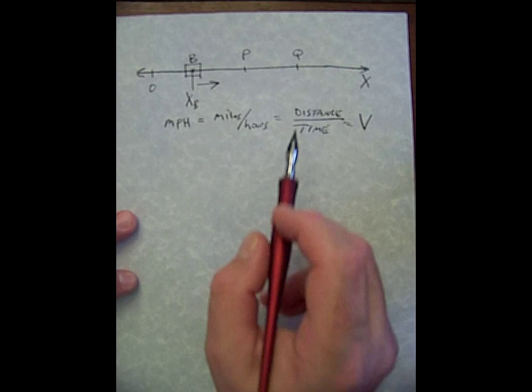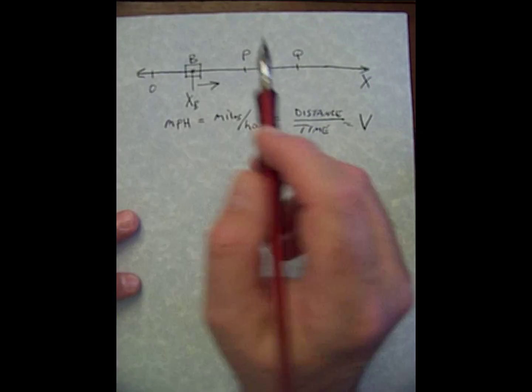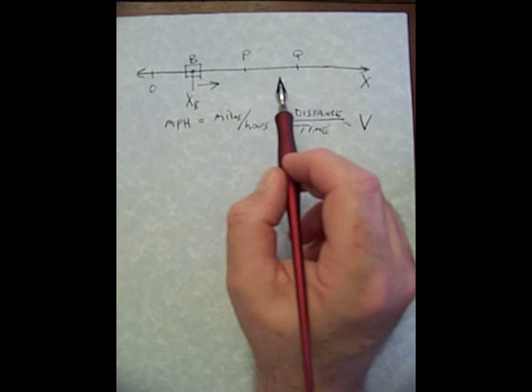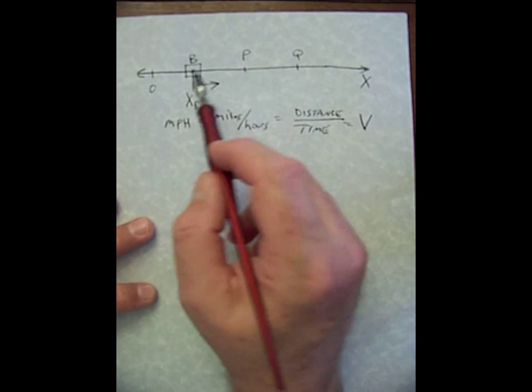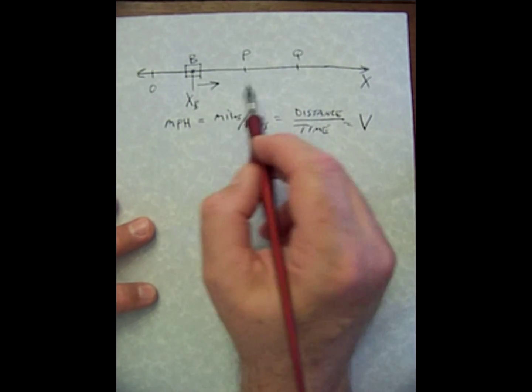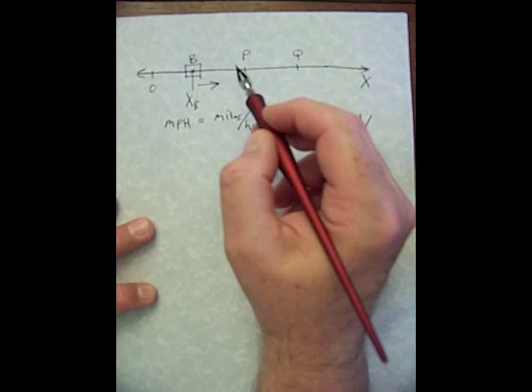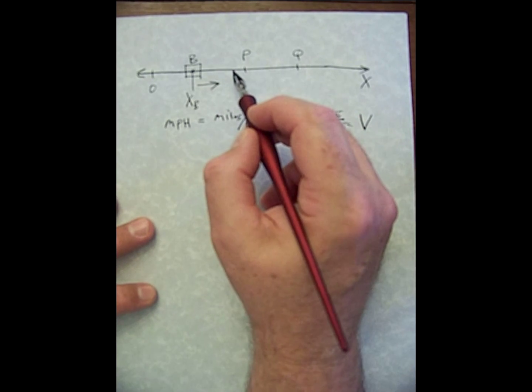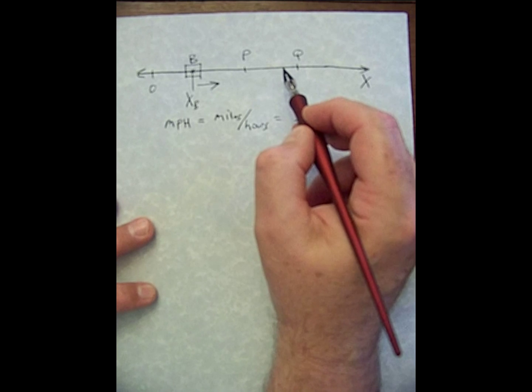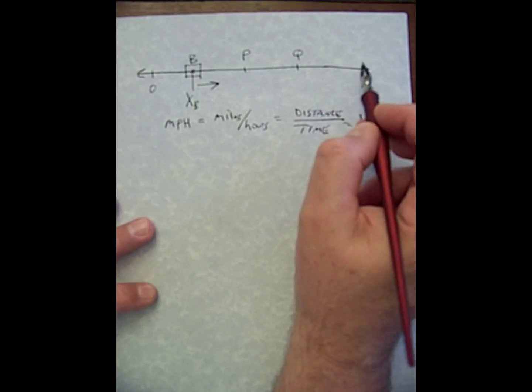So in our little thought experiment up here, if I have a body B and it's traveling at a uniform velocity, and it comes down here and it crosses P, and then it moves on, then it crosses Q, and then it moves on.